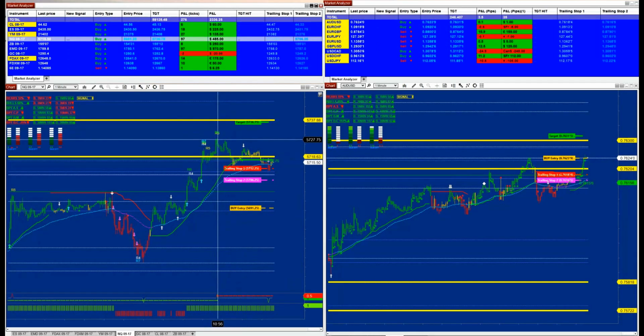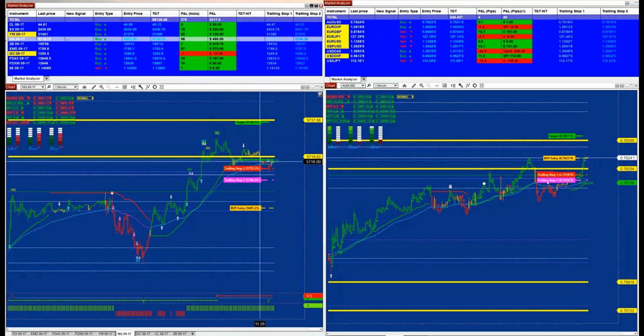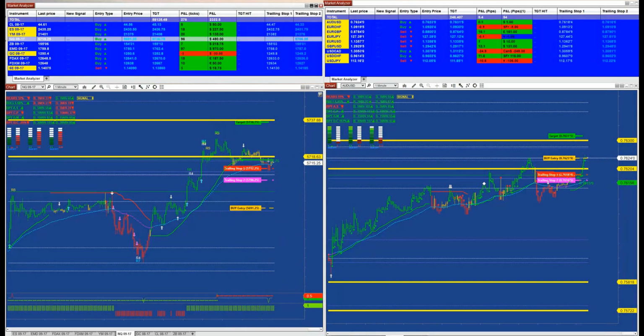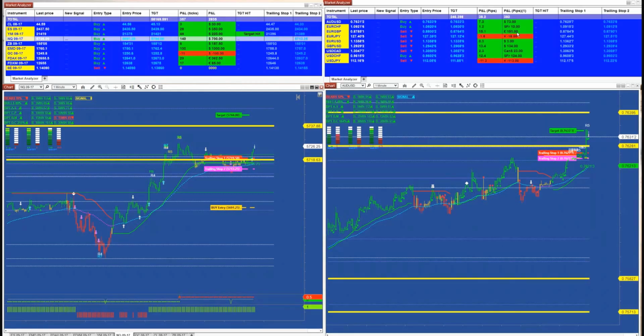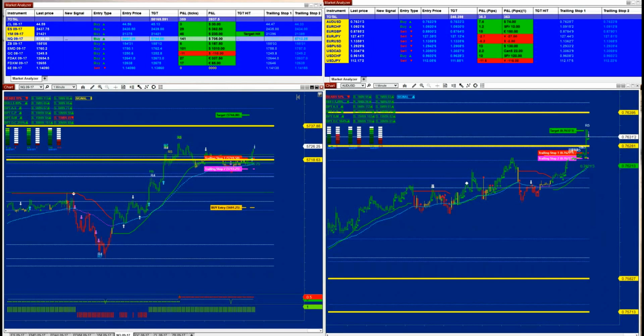Let's look at something else here on the NASDAQ. It is the same story on the NASDAQ with the EMD and the ES. It's all the same story. On the NASDAQ, it's not unusual on the swing trading to nail 100 ticks. I'm not saying you're going to be making 100 ticks every day, so do not misunderstand that. But it's not unusual to get 100 ticks on the NASDAQ.